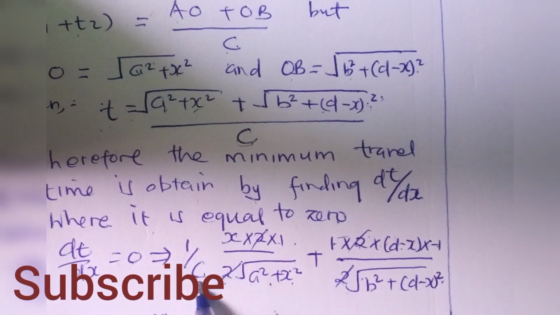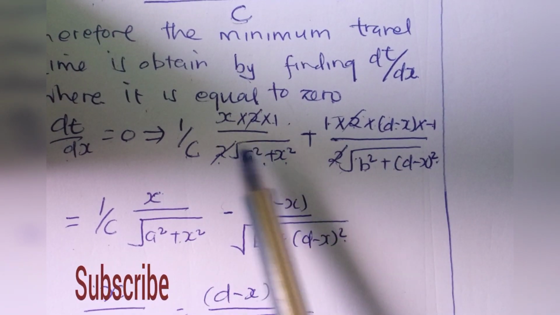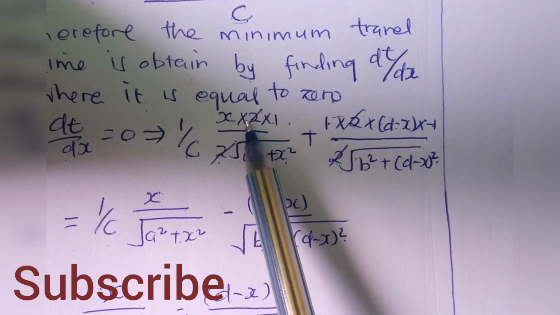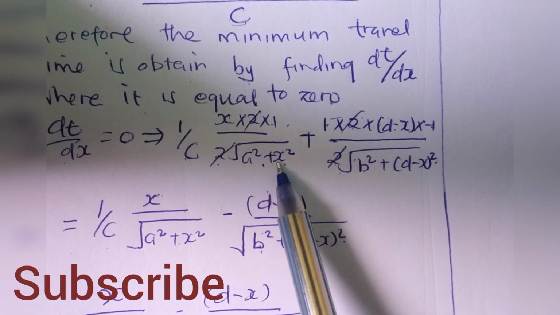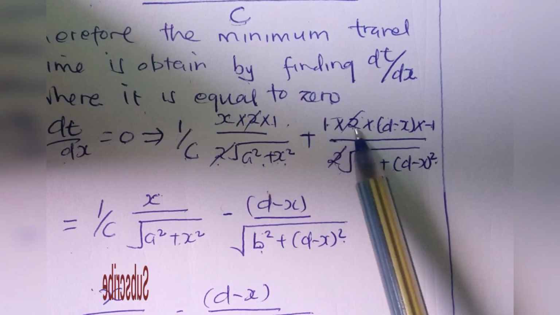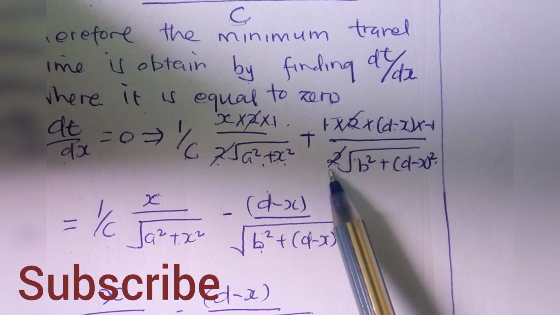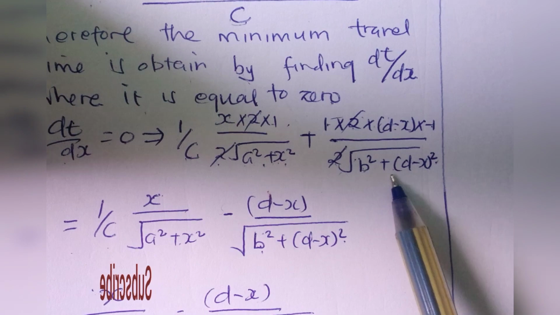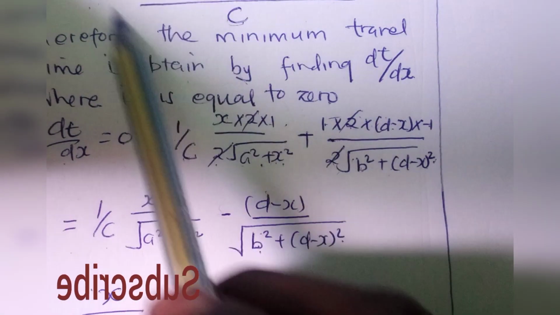So it's equal to 1 over c, then x times 2 over 2 square root of A squared plus x squared, plus 2 times d minus x times -1 over 2 square root of B squared plus d minus x squared. We are just differentiating this equation.